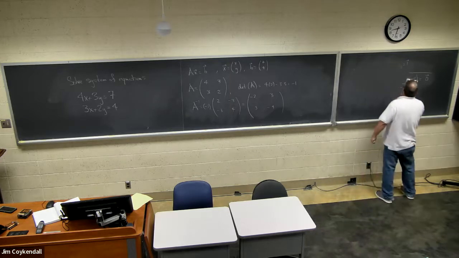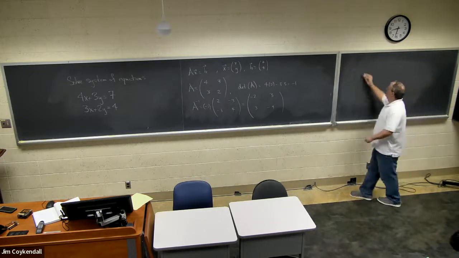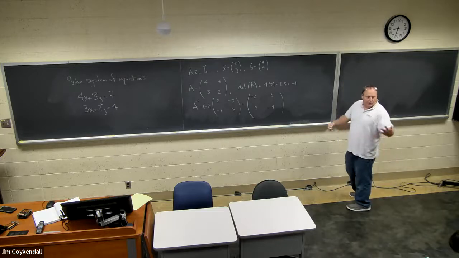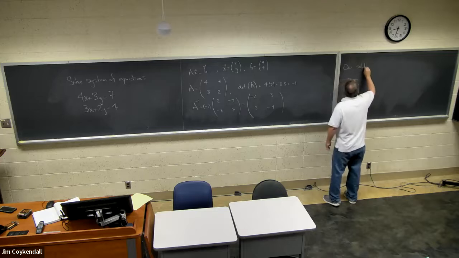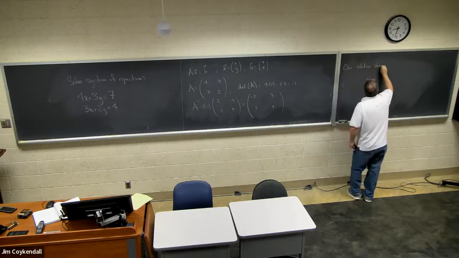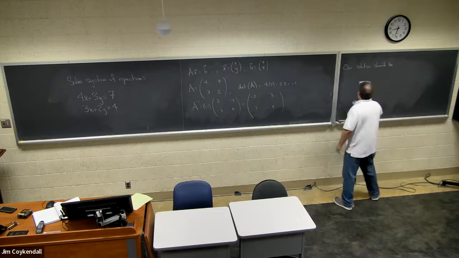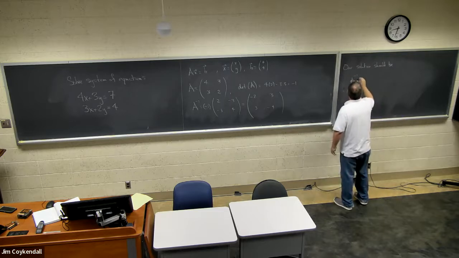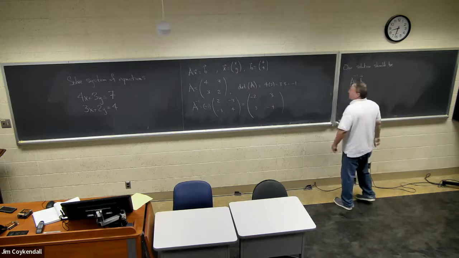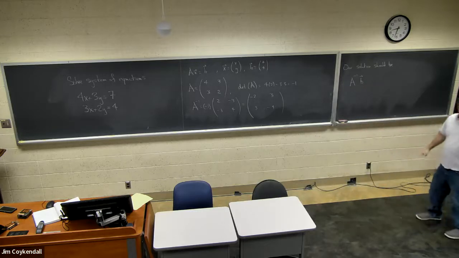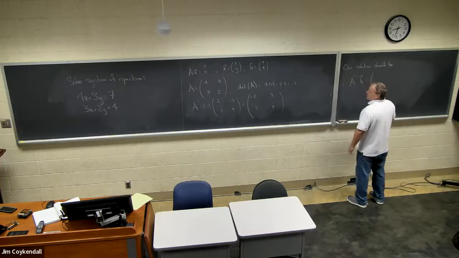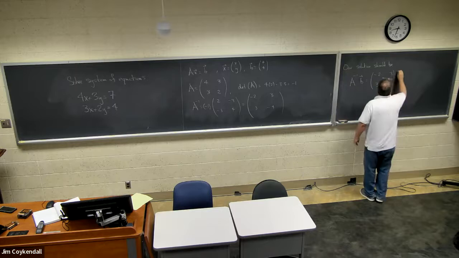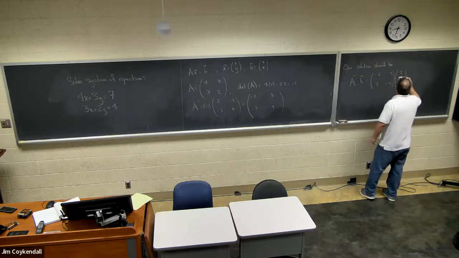Okay, so if you know the inverse, if you look back at what we bothered to do when we were doing the proof, our solution should be A inverse times B. So let's see what happens here. This is -2, 3, 3, -4 times the vector 7, 4, I believe it was.